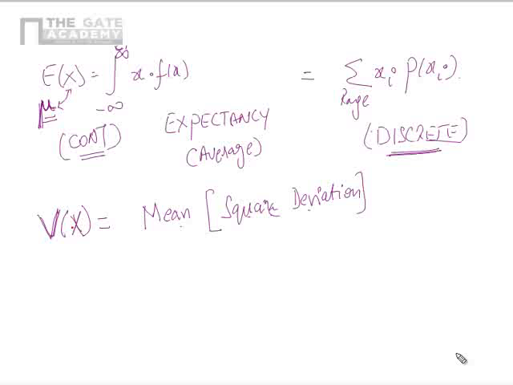Now, look at how I am going to play with this definition to find the value of variance. Now I will introduce this: E of x is like a mathematical machine.